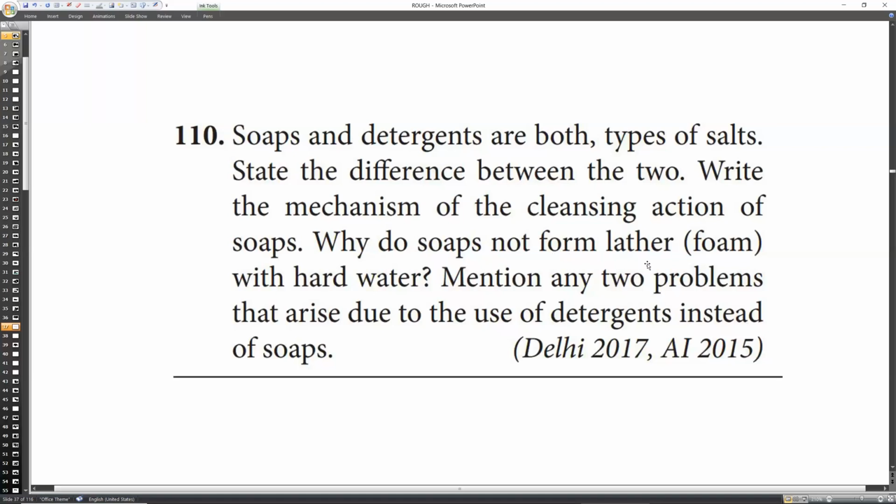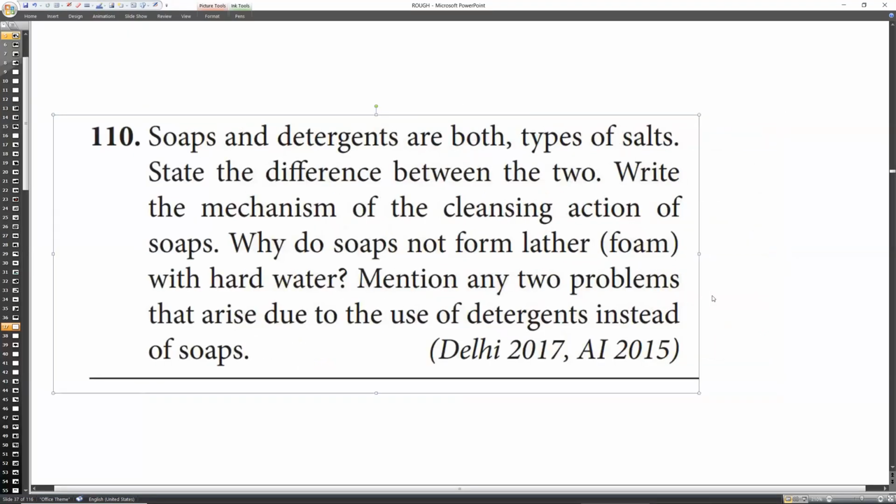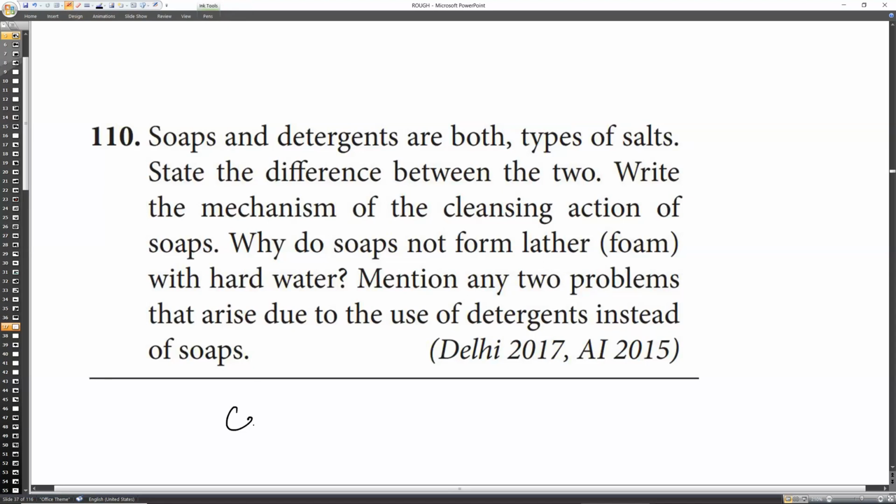Why does soap not form lather in hard water? Because you know that hard water contains dissolved calcium and magnesium salts, like calcium chloride or calcium sulfate.